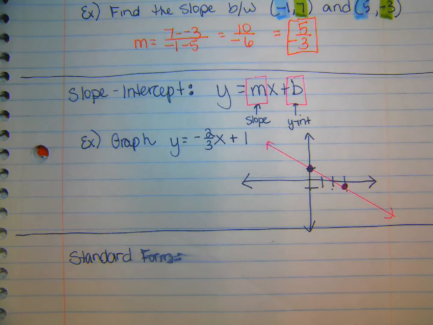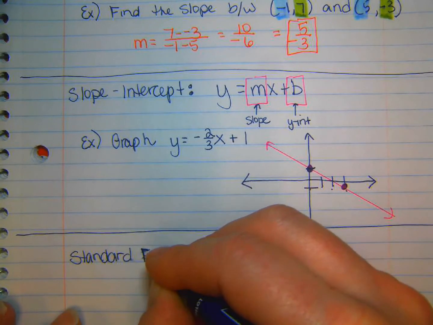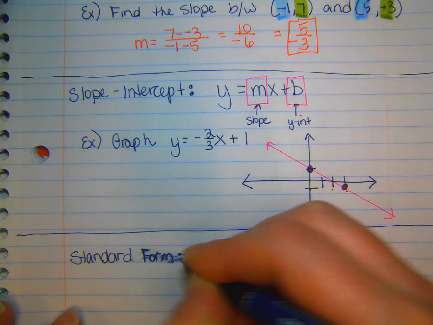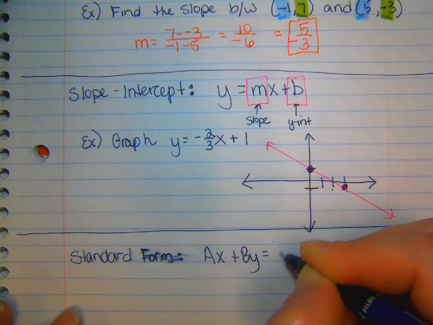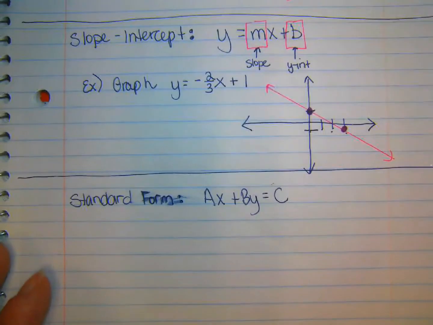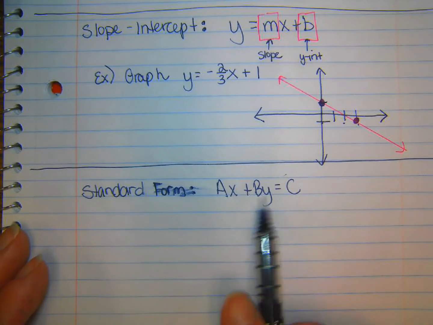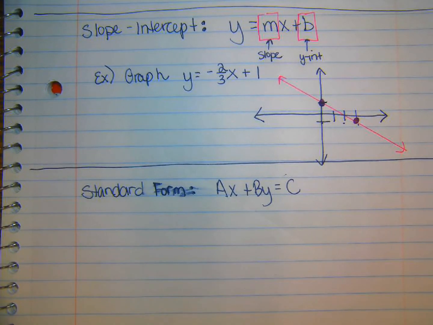Standard form is ax plus by equals c. That's what it looks like. And I'm not going to put a box around anything because a and b are not things on the graph, unfortunately. Standard form, we use it a lot when we're making word problems, because they make sense when we have word situations, which we'll start a little bit next week.